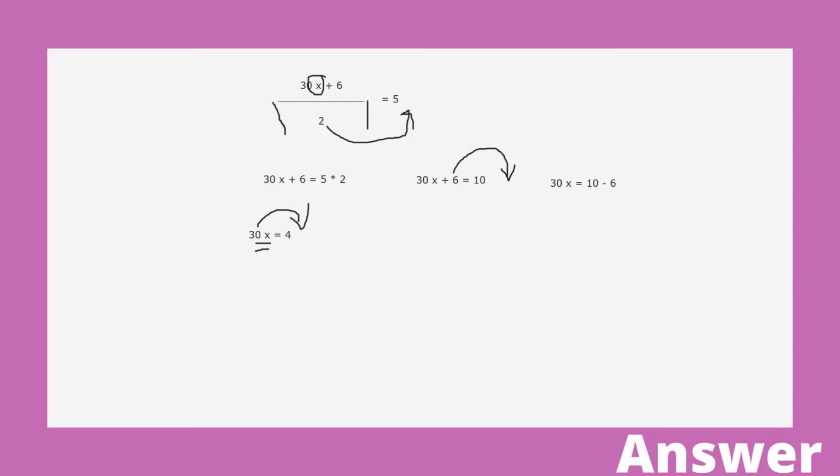So what we will have is x equals 4 divided by 30.